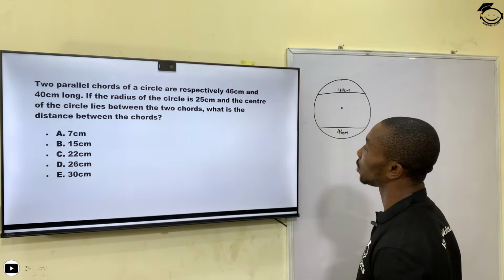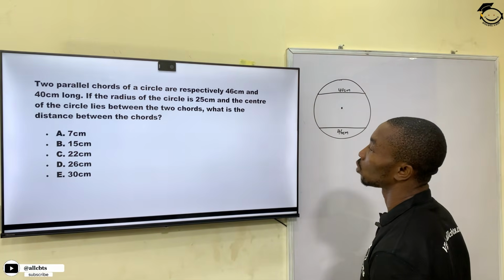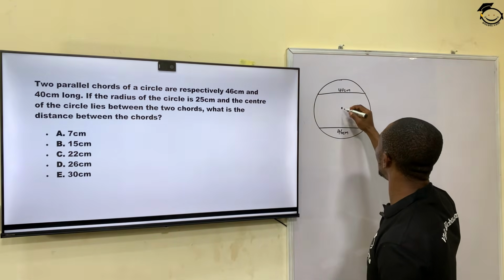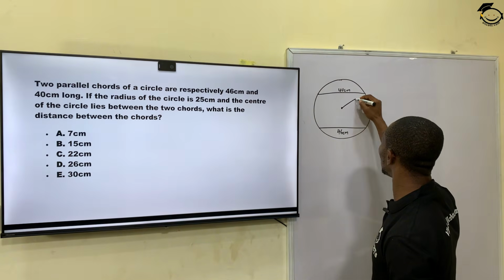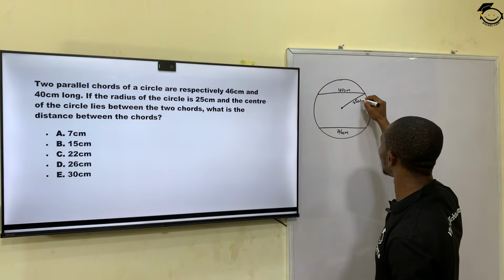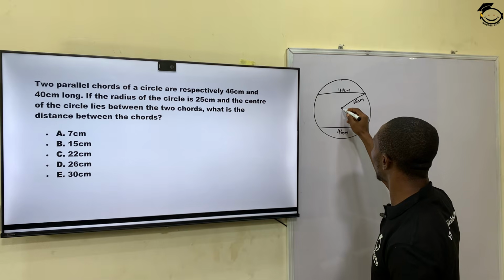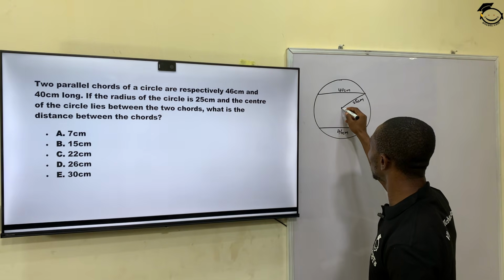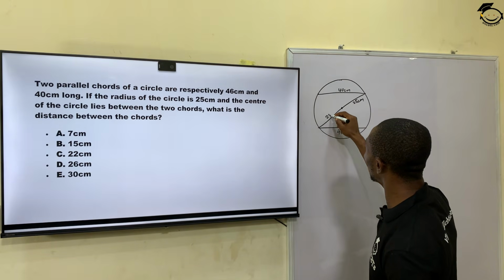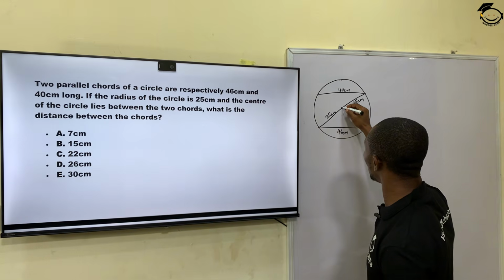Now, they said the radius of our circle is 25 cm. So the radius of this circle is 25 cm, and we have yet another radius to this point, 25 centimeter. So they're asking for the distance between the two chords.